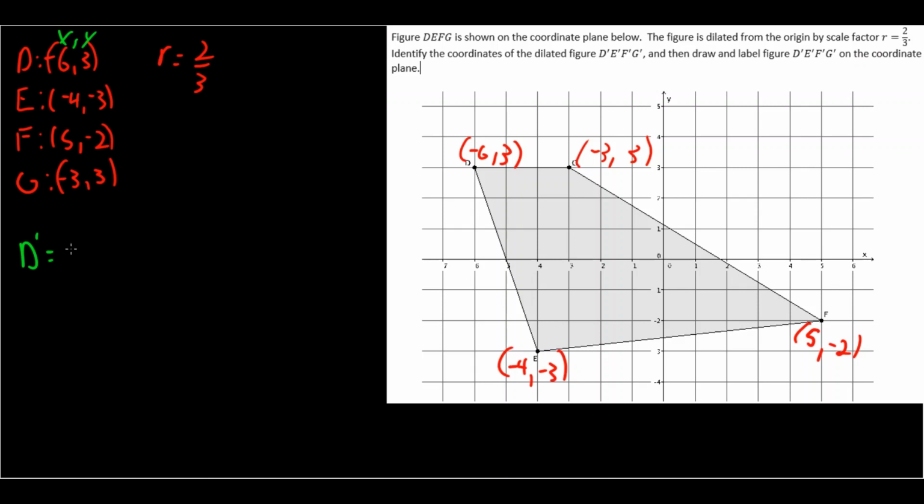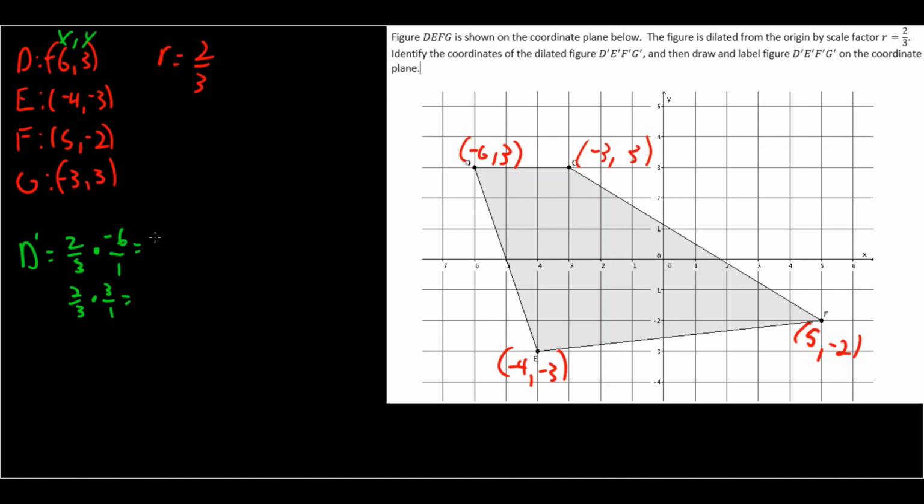In fact, we want to do our scale factor first. So 2/3 times -6, put that over 1. Then it'll be also 2/3 times 3, and I'll put that over 1.